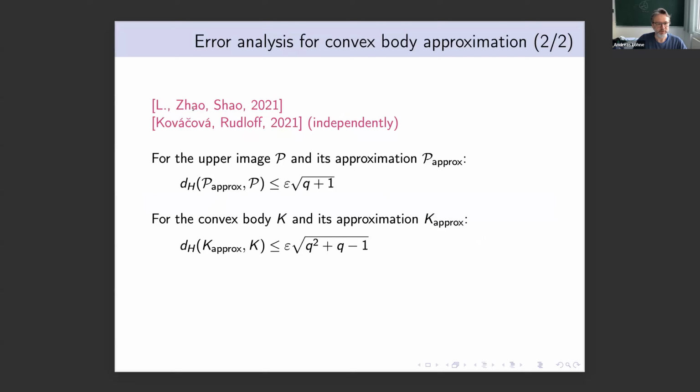The answer was found in these two papers independently. When we have a tolerance epsilon, then for the upper image and its polyhedral approximation, we obtain the following bound for the Hausdorff distance: it's epsilon times square root of q plus 1.